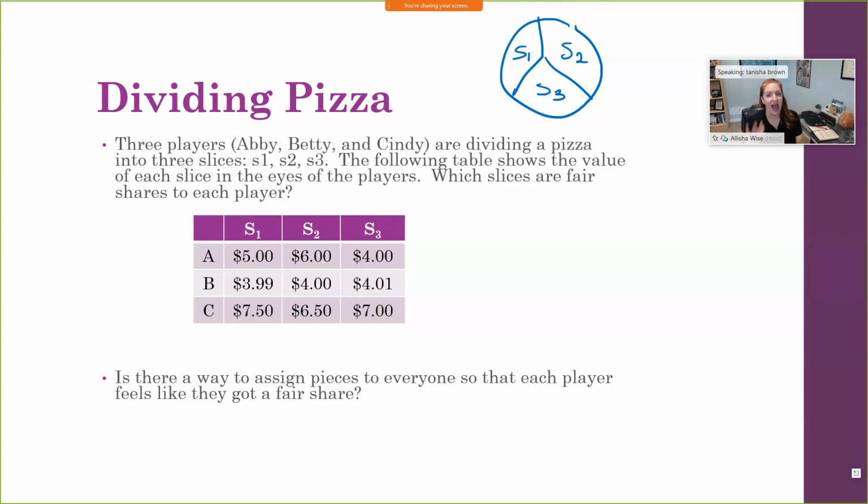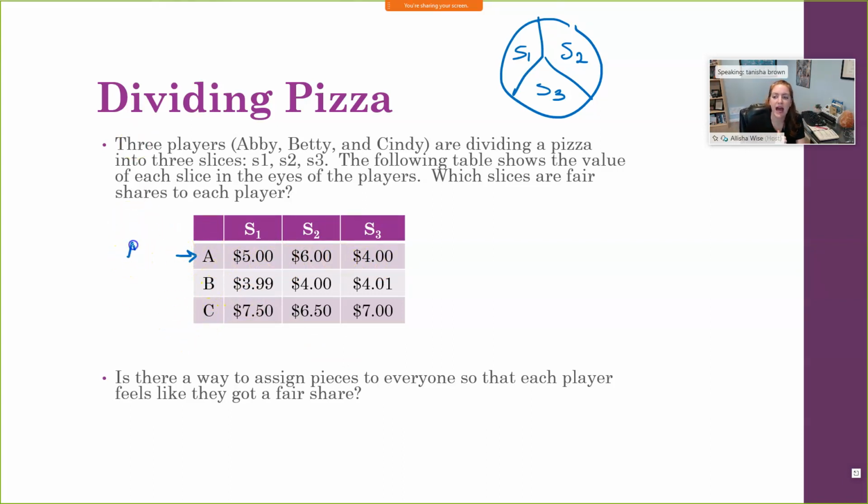And again, Abby, Betty, and Cindy are saying, I'm looking at this pizza and this is how I value each of those slices. This is just an arbitrary amount of money. Just think of it as they're comparing the slices between each other, not between players.